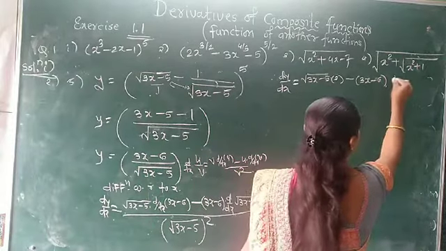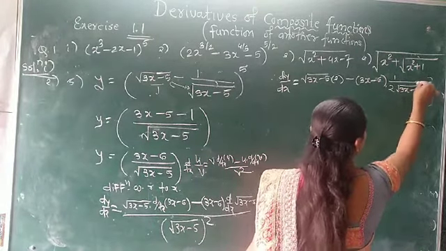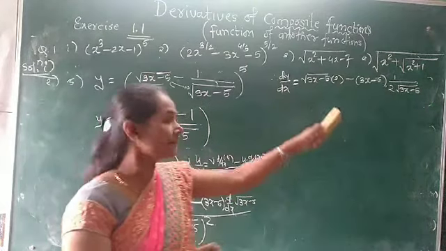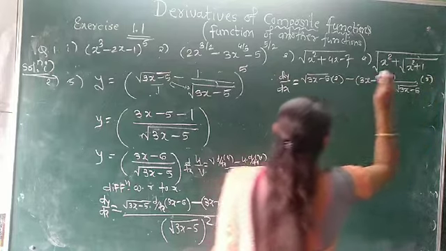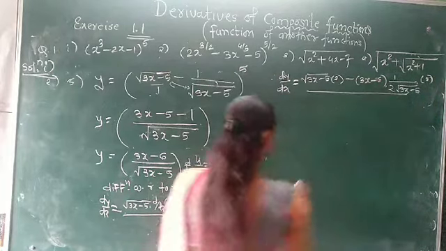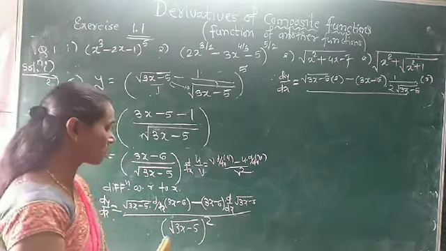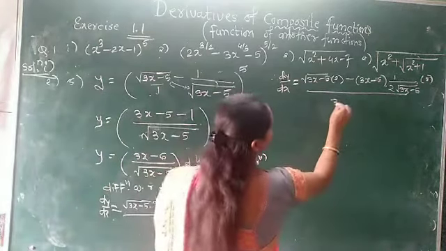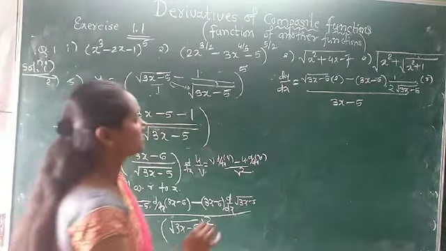So 1 upon 2 root f of x, 3x minus 5, and multiply by the derivative of this function. What is the derivative of 3x? Which is 3. And in the denominator we get again root 3x minus 5 bracket square. So again root and square will get cancelled, so the denominator becomes only 3x minus 5.